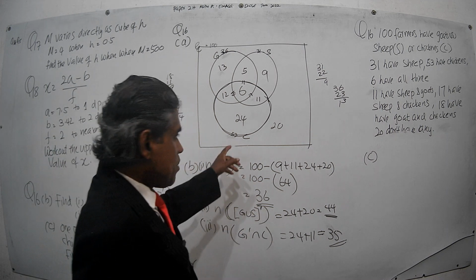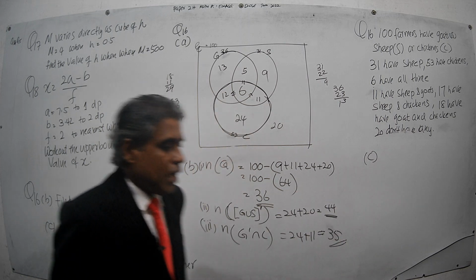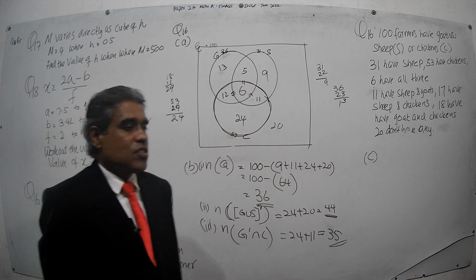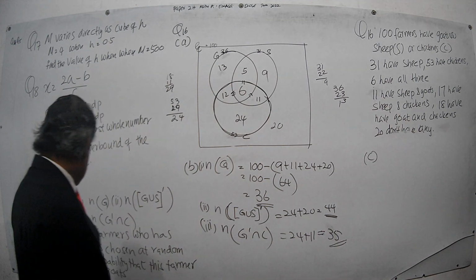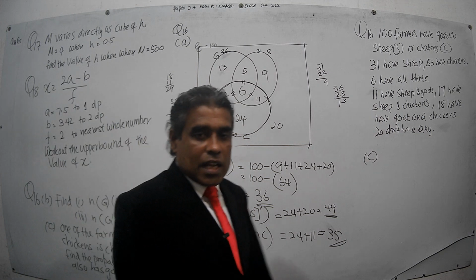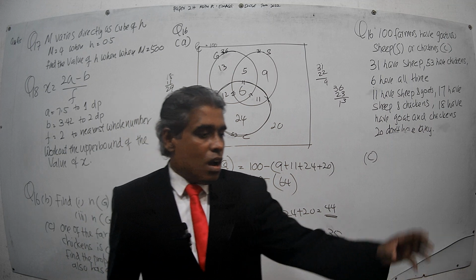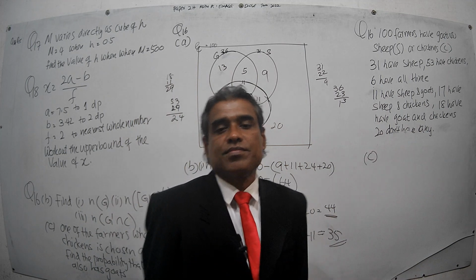Then there are 53 farmers. I assemble all those 53 farmers in one place, and I ask, how many of you have goats? I ask these farmers who have chickens, how many of you have goats?